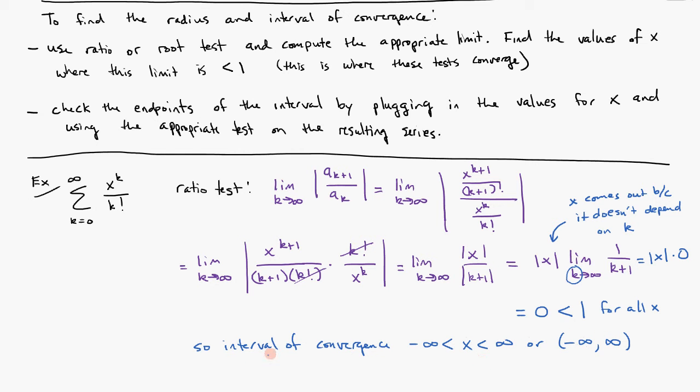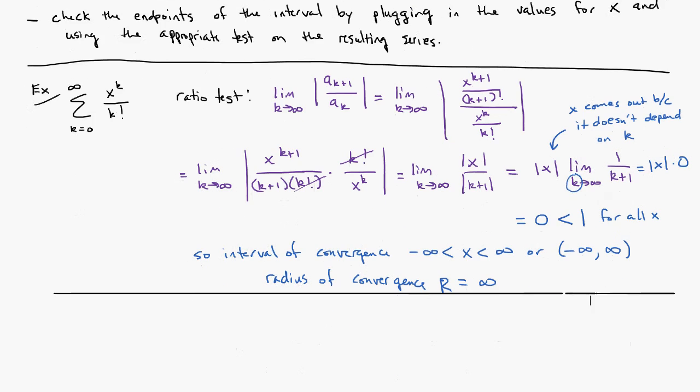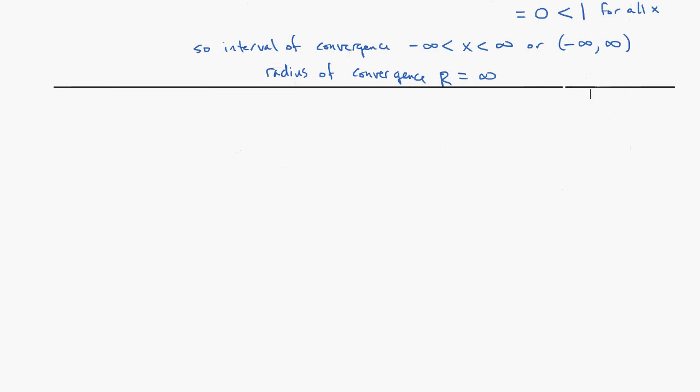So the radius of convergence is infinity. So in this particular power series, it will converge for all values of x. So let's take a look at an example where this won't be the case.